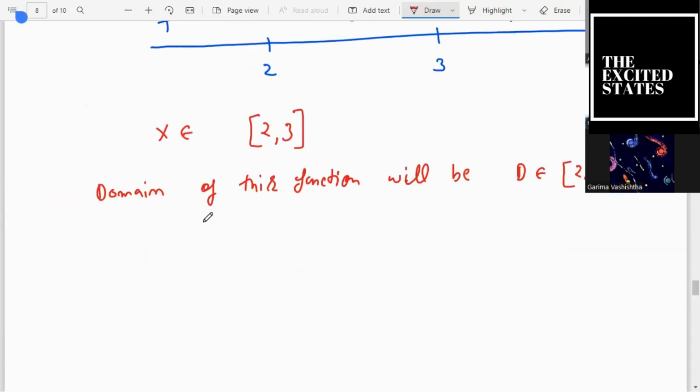Now what is called the range of the function? Let me discuss the range of the function.